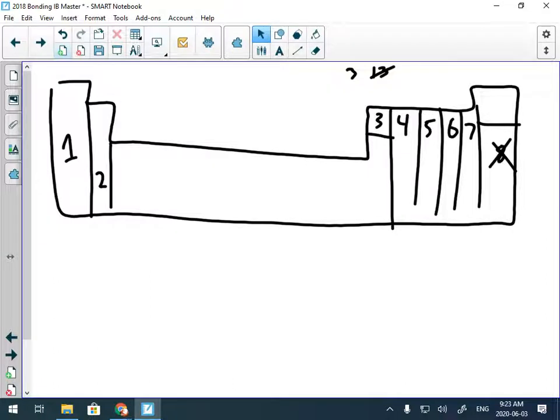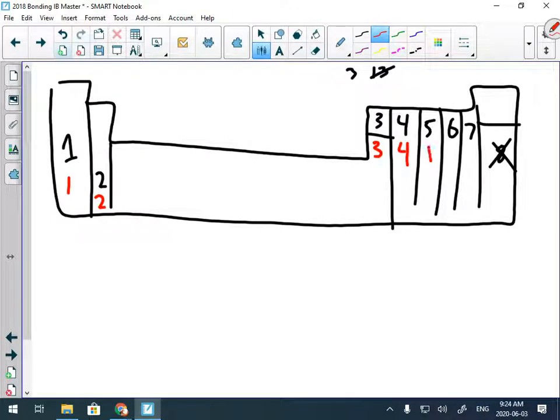Now, that's the valence electrons. The bonds change a little bit, right? So this is the valence electrons. This is the bond. The number of sticks that you'd get is 1, 2, 3, 4, and then back to 1 again. 2, 3. And the reason why is that stuff in this column, like nitrogen, when we draw a Lewis dot diagram for nitrogen, even though it has 5 valence electrons, a lone pair takes up a spot.